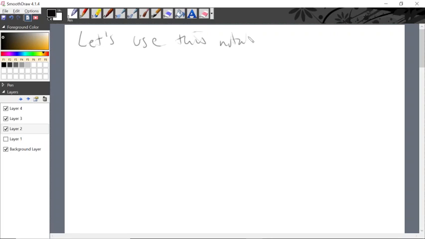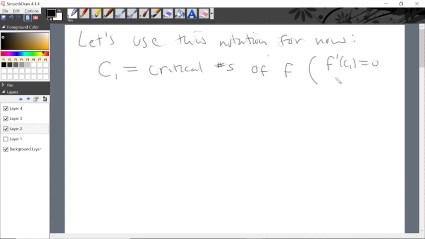Let's just use this notation for this lecture, or for now. I'm going to let C1 represent the traditional critical numbers, the critical numbers of f. That is, f prime of C1 is equal to 0 or f prime of C1 does not exist. That makes these values critical numbers of the original function f.